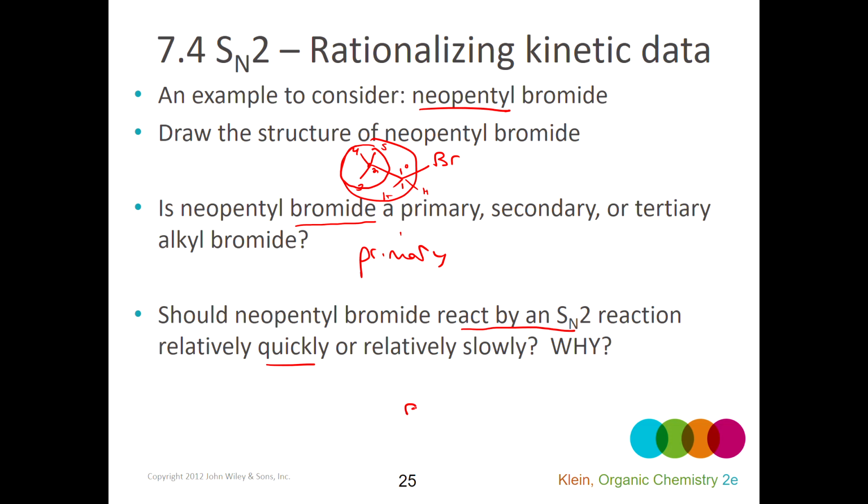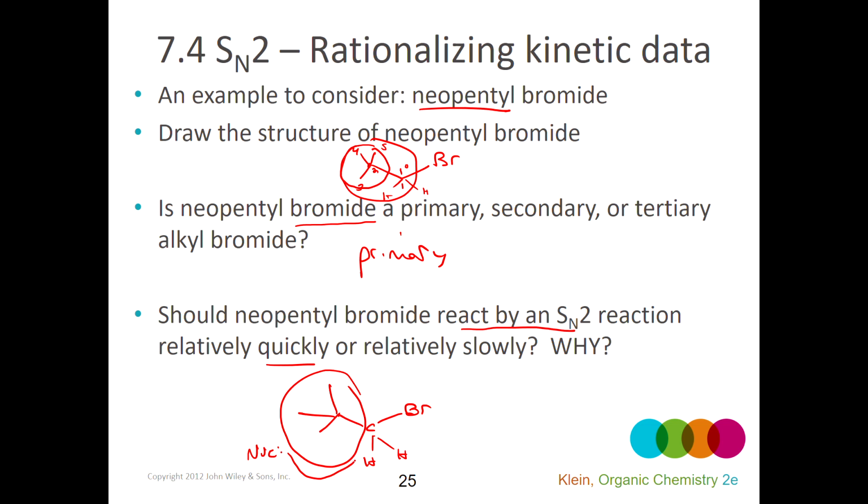If we were to look at the carbon where the nucleophile has to attack, even though 2 of the things attached here are hydrogens, the third thing is this large branched group. And its electron cloud is very, very big.